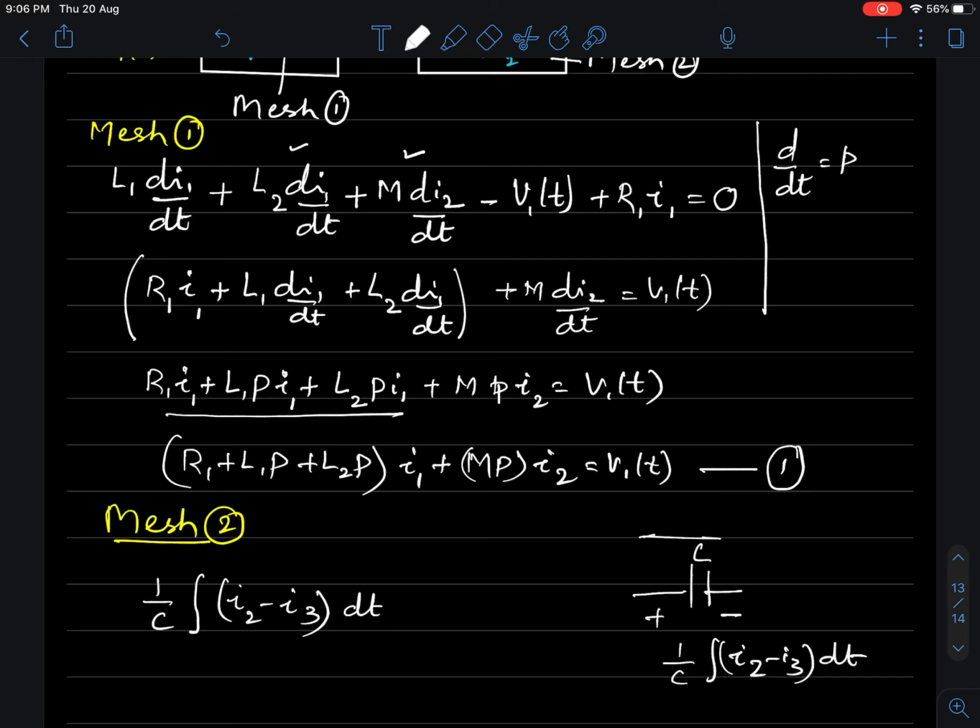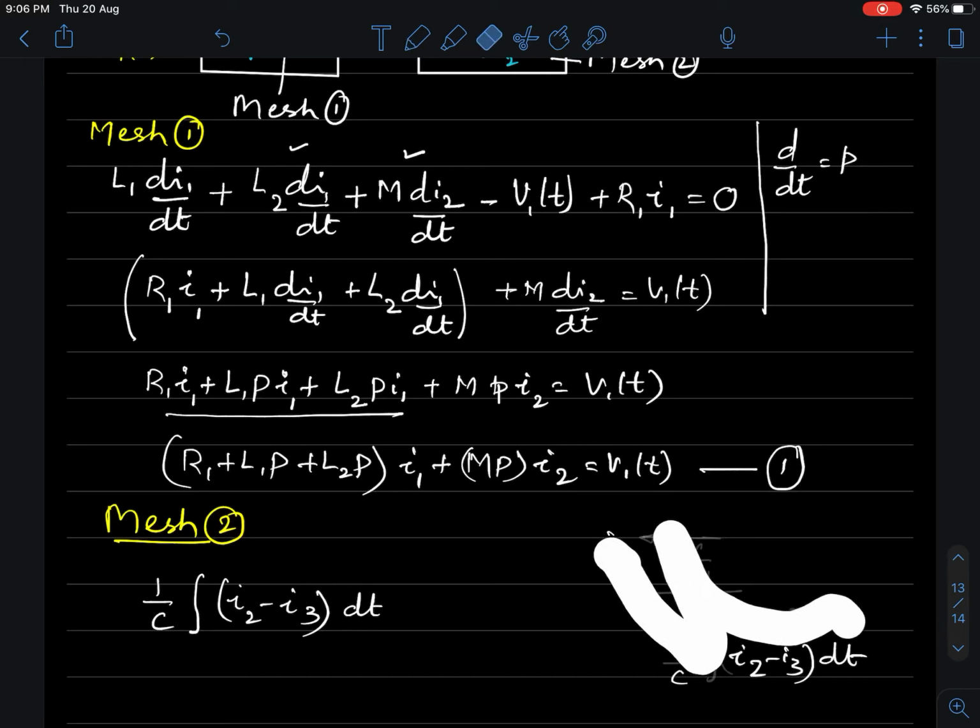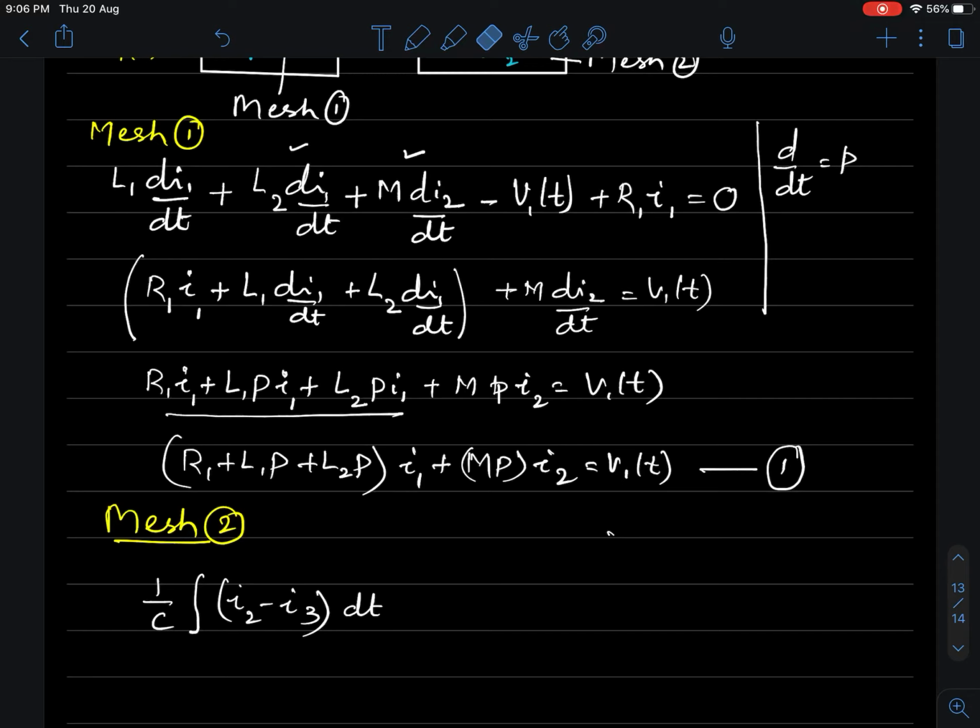I3 is this way and I2 is this way, and you write the potential difference. That is how the voltage is developed across the capacitor. Now we are done with the capacitor. Now we come to the source V2, and we hit the potential positive. So positive to negative is plus V2 of t.